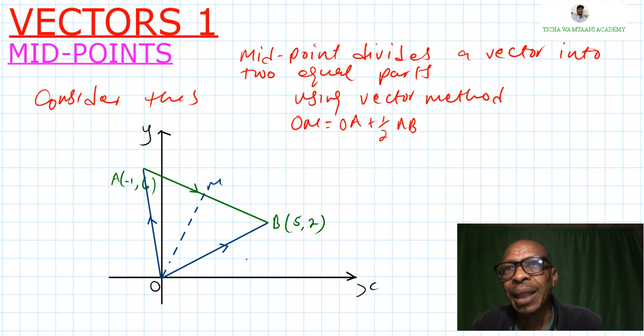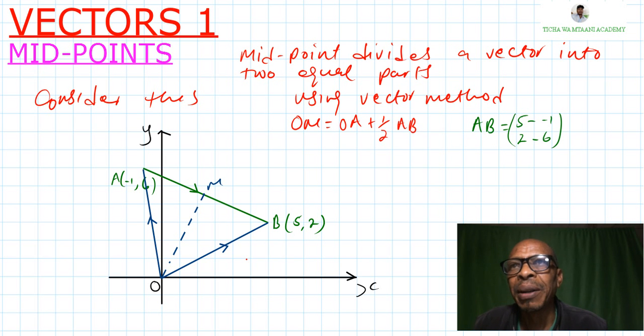So AB is equal to 5 minus -1 and 2 minus 6. That gives us AB, which is 6 and -4.